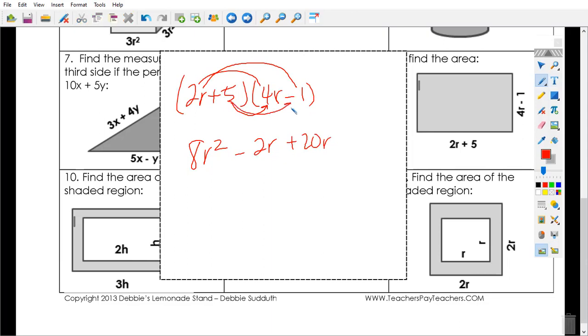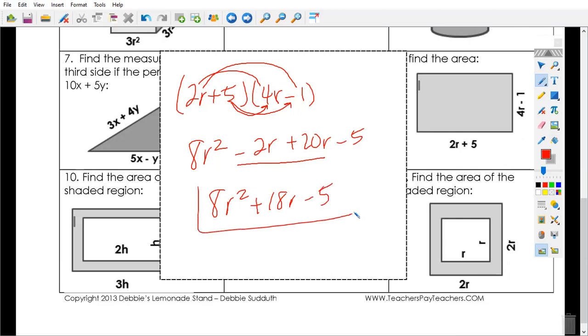And 5 times -1, -5. Combine our like terms and we get 8r squared plus 18r minus 5. So we know the area equals 8r squared plus 18r minus 5.